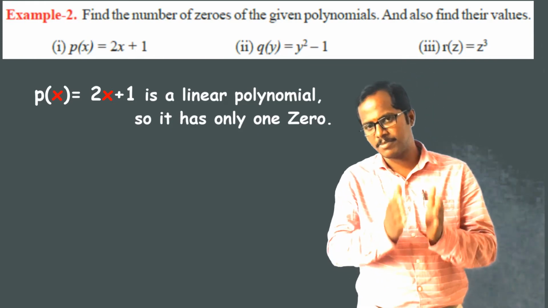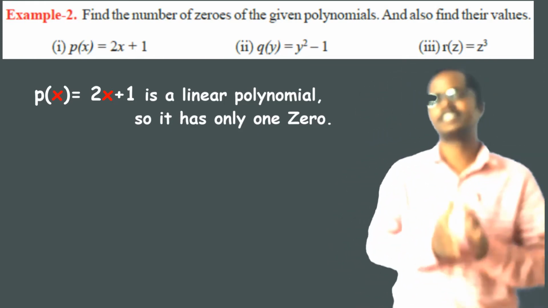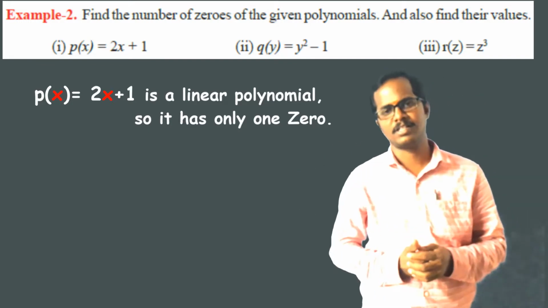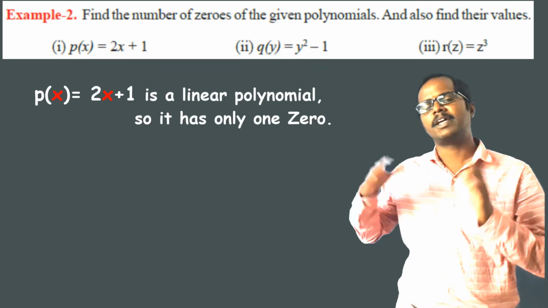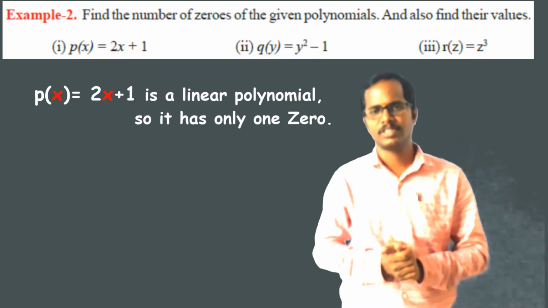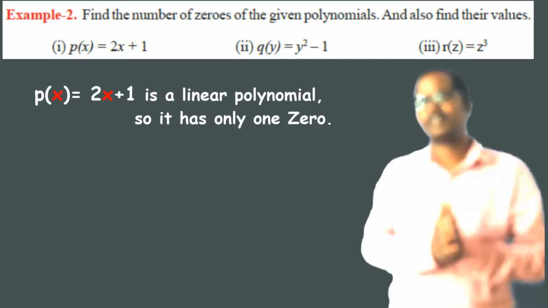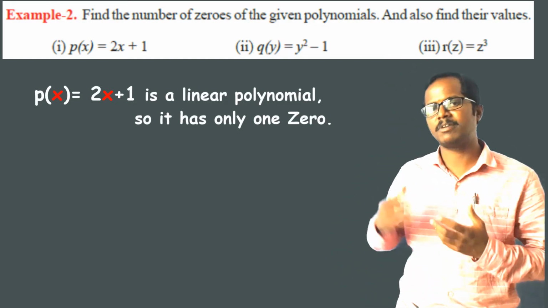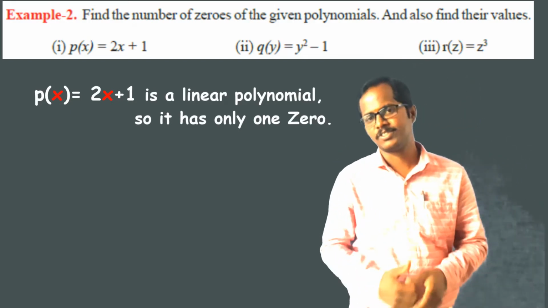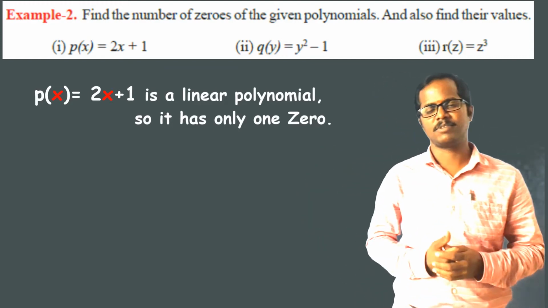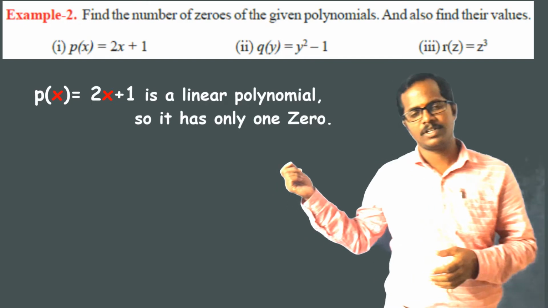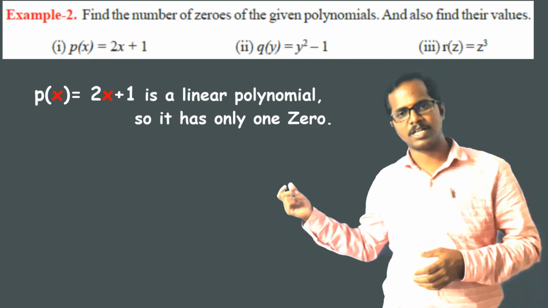So the zero of the polynomial is nothing but the real number that, when substituted in the given polynomial in place of the variable, makes the total polynomial value 0. The value of the variable which makes the total polynomial value 0 is known as the zero of that polynomial.